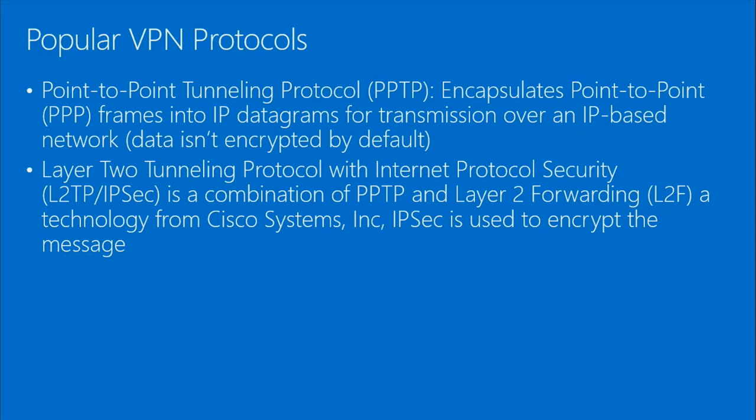So additionally, an encryption method such as MS-CHAP is used to encrypt data within the datagram. There's also L2TP/IPSec. This is a combination of PPTP and Layer 2 Forwarding, L2F, put out by Cisco. Again, we're back into a whole bunch of acronyms here.